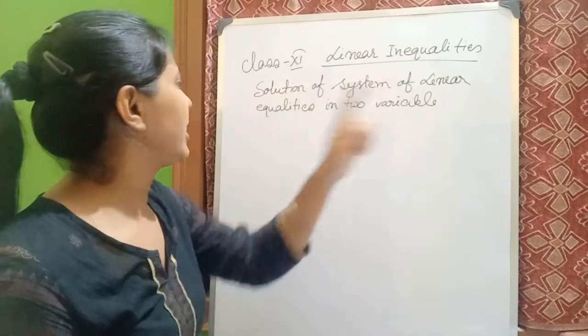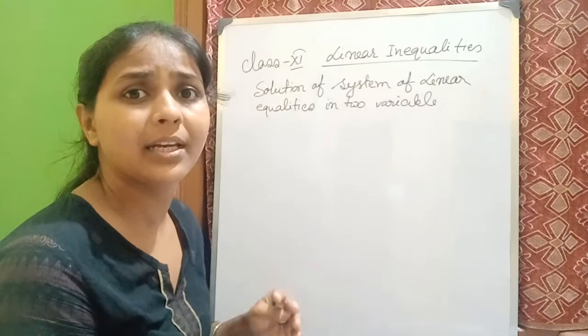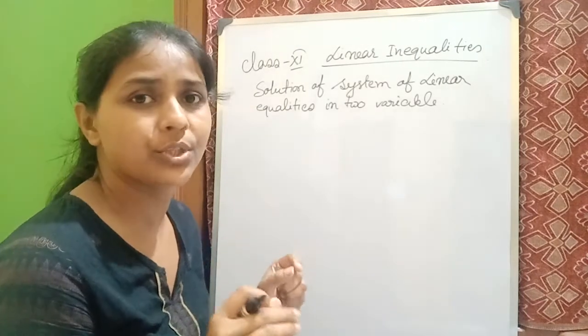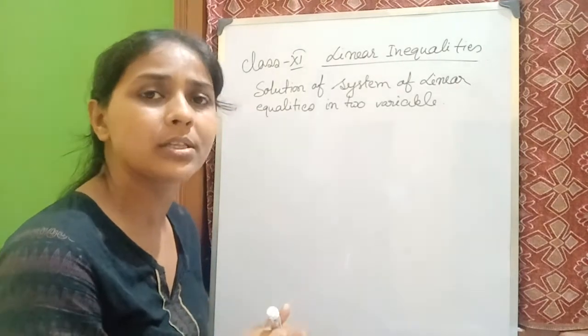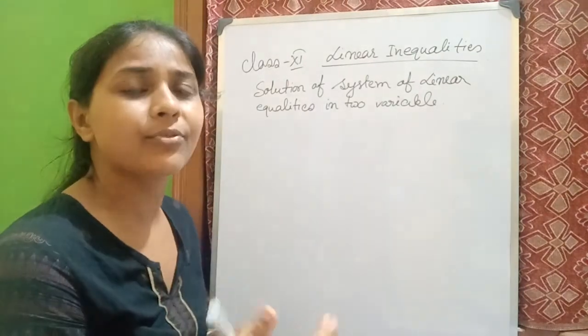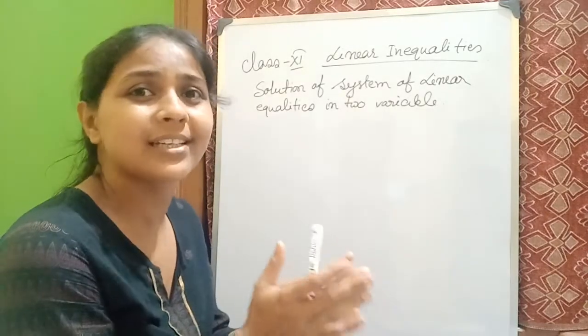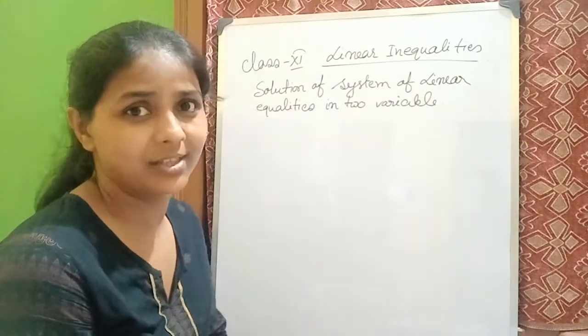System of linear inequalities in two variables means there will be many linear inequalities in one question. We have to combine the solutions of all, and then finally we will get a common region. The common region is the solution region.